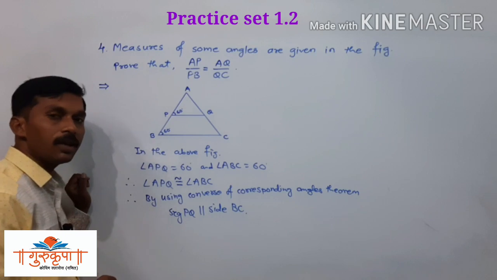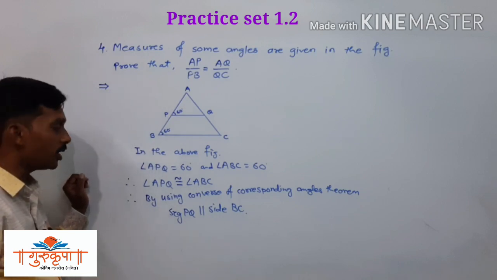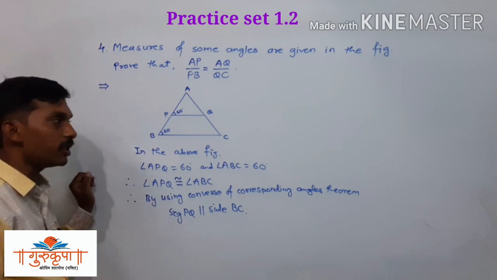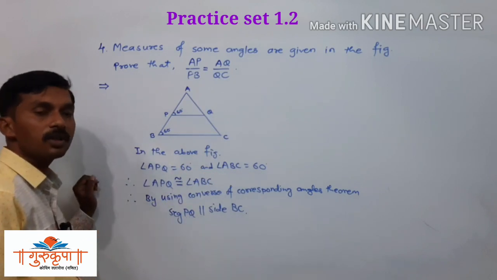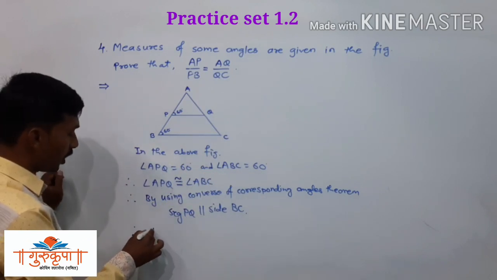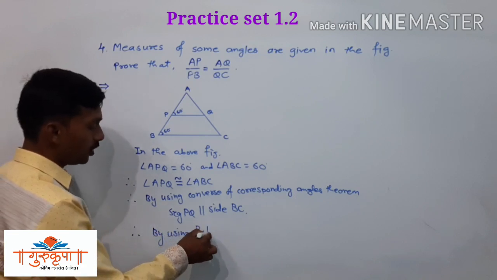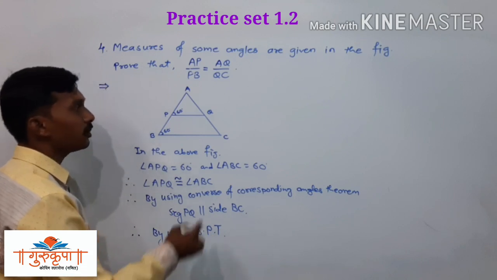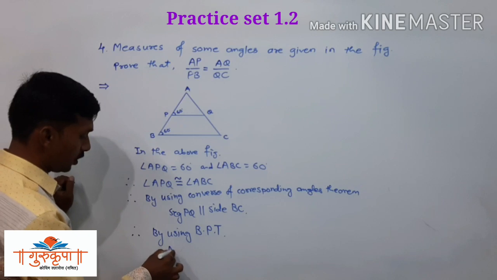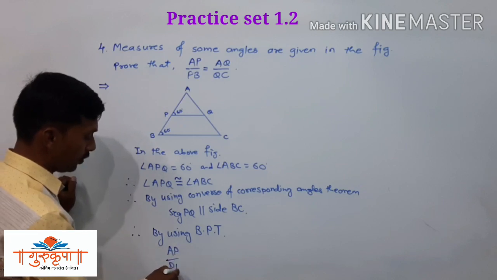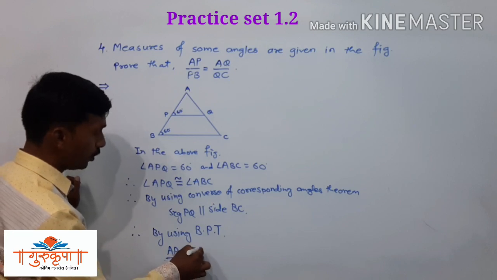And now by using the basic proportionality theorem, we are able to write AP upon PB is equal to AQ upon QC. So here you can write: by using the basic proportionality theorem, AP upon PB is equal to AQ upon QC.